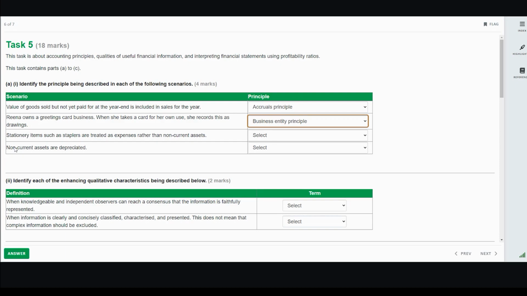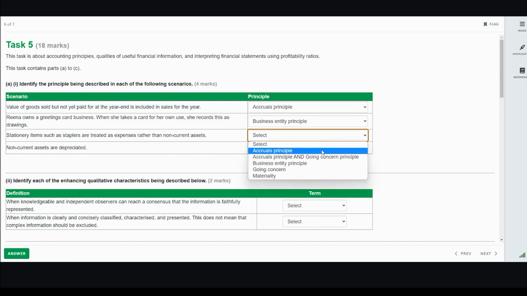With stationery items such as staplers, paper, etc., because the value is so low, this is what we call the materiality concept. So this basically says anything valued below a certain level goes through the profit and loss.